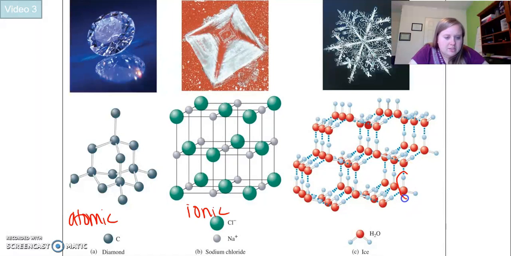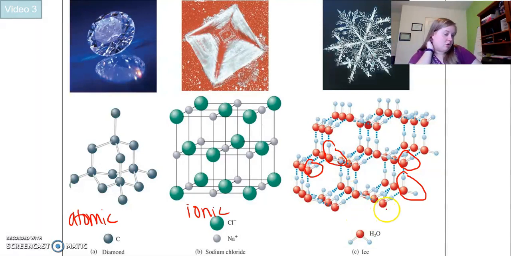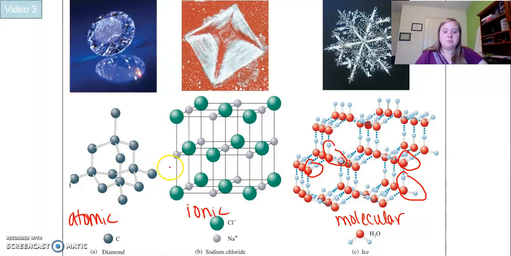This one here is a lattice point, and this is a lattice point, and this is a lattice point. Each of these that I've circled is a lattice point, specifically H2O, so each of these are molecules, and this is a molecular solid. That's the difference between an atomic solid that has atoms at its lattice points, an ionic solid that has ions at its lattice points, and a molecular solid that has molecules at its lattice points.